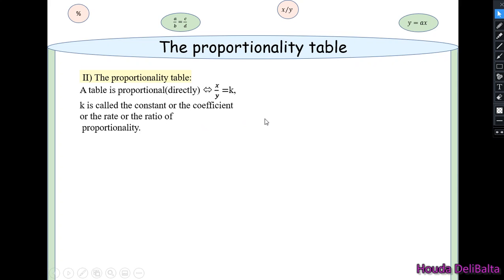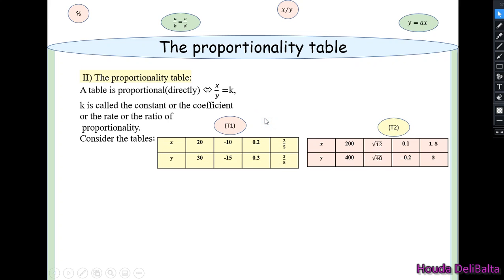Now, what do x and y represent in a proportionality table? Consider the tables T1 and T2. Notice you have two rows in these tables, a row for x and a row for y. So x and y are referring to values in these rows of these tables.